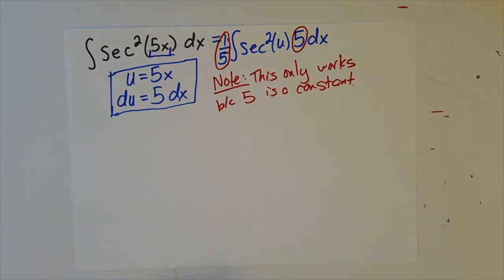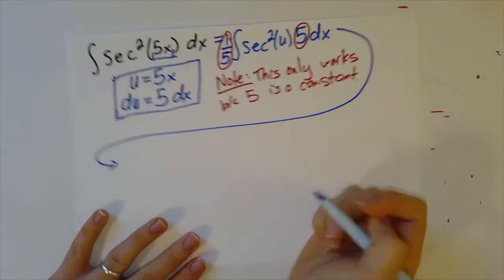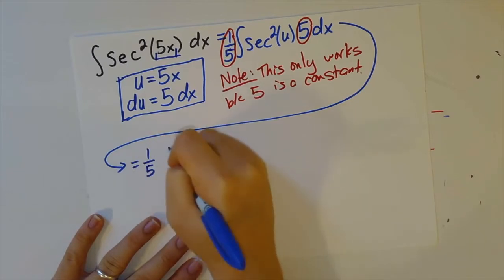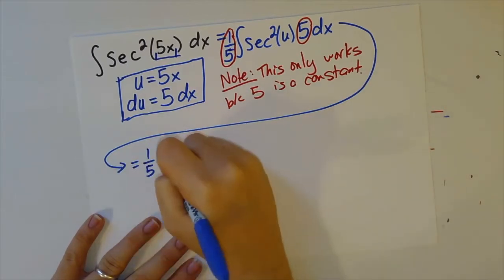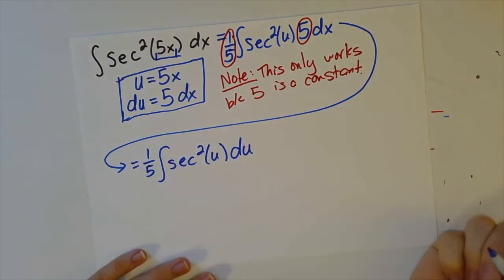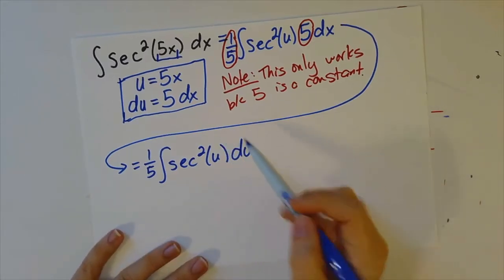It won't work. But having done that, this turns into 1/5 the integral of secant squared of u du. And I've now completed my translation.